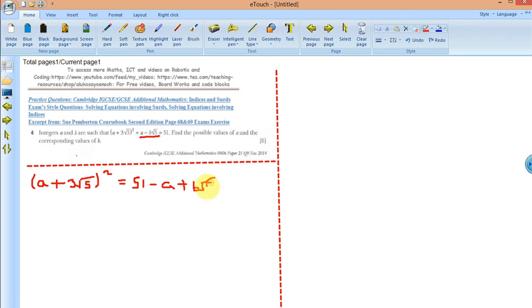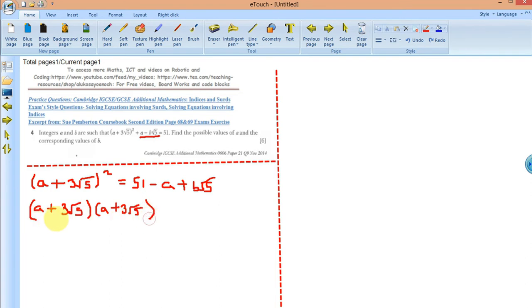Okay, so we can continue from here. We go ahead and expand this one here. So you have (a plus 3 root 5) times (a plus 3 root 5). I know you guys know how to expand a given expression.